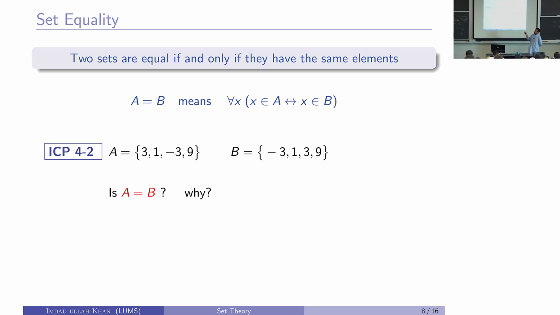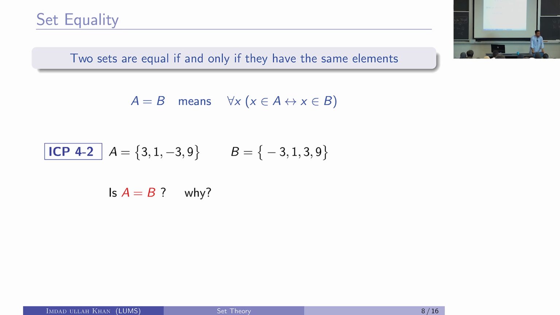We have a quantified predicate here, and let's see if that is true. What is the value of this predicate for x equals 5? Is this predicate true for x equals 5? For x equals 5, this is not true.